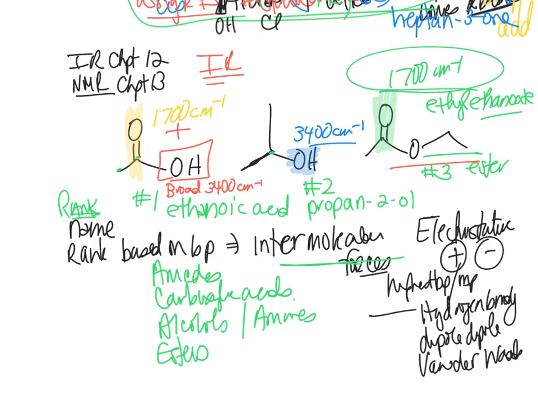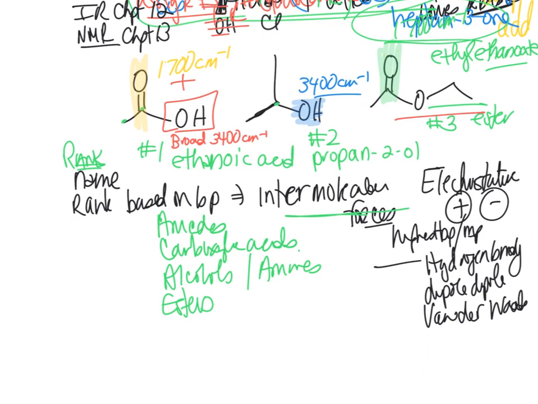Now let's look at the NMRs of these compounds. So if we look at the NMR, how many NMR signals will there be? For the first one, number of NMR signals.